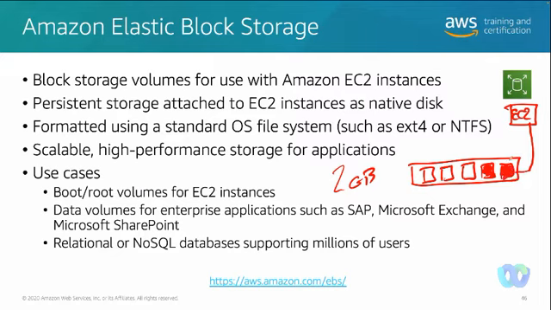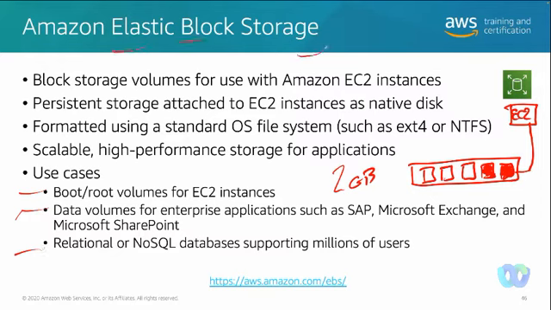So performant that we can use it for, of course, boot and root volumes for our EC2 instances. We can use that to install applications and store application data. Think about SAP, Exchange, SharePoint. Those are a good example. But also, it can be used for database volumes. So your database files could be stored on EBS, Elastic Block Store.